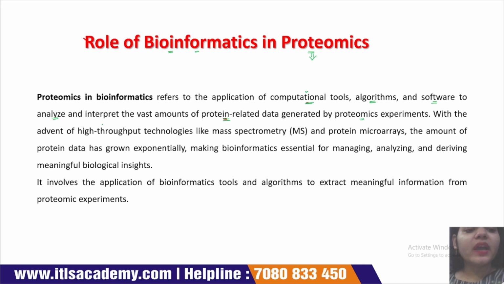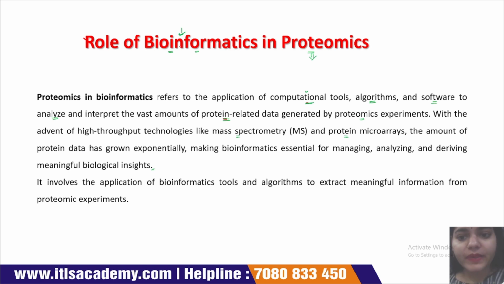With the advent of high-throughput technology like mass spectroscopy and protein microarray, the amount of protein data has grown exponentially, making bioinformatics essential for managing, analyzing, and deriving meaningful biological insights.